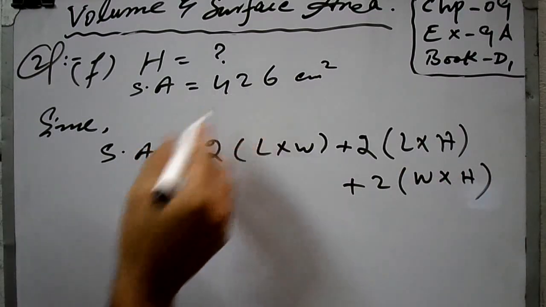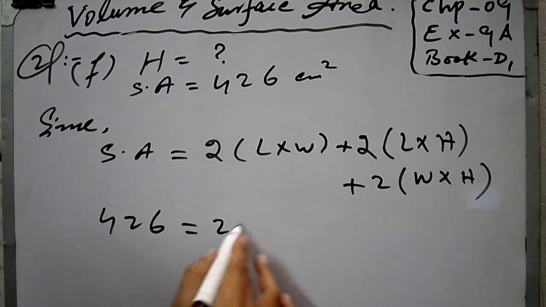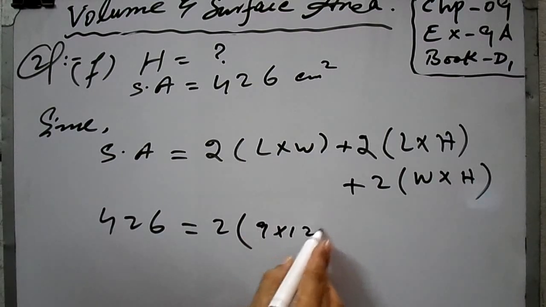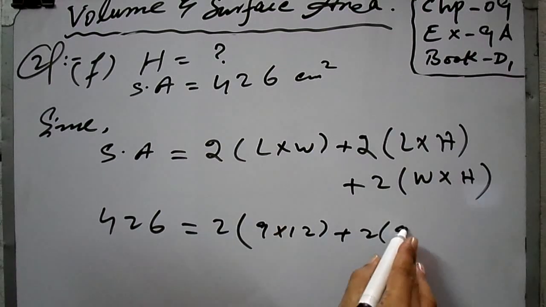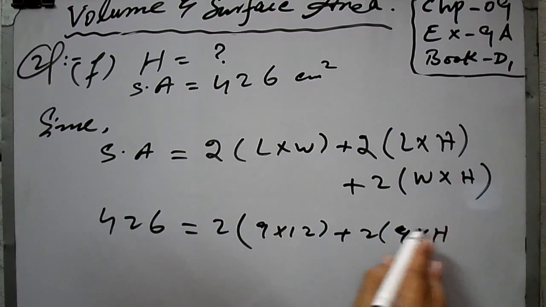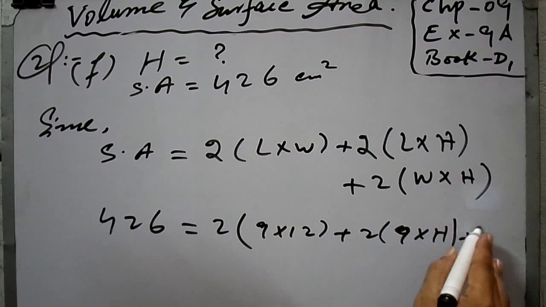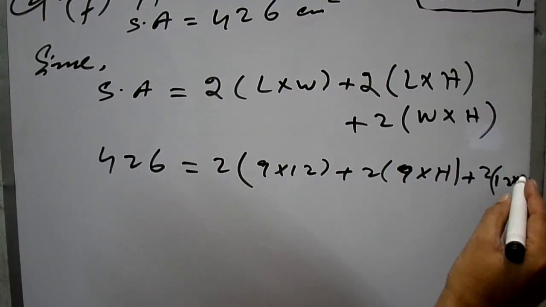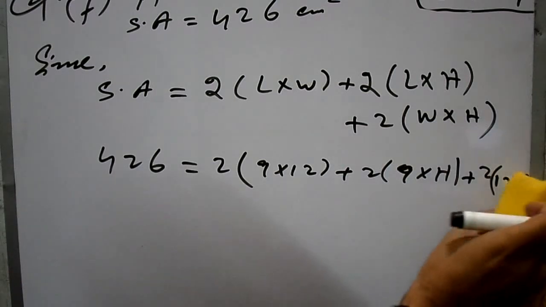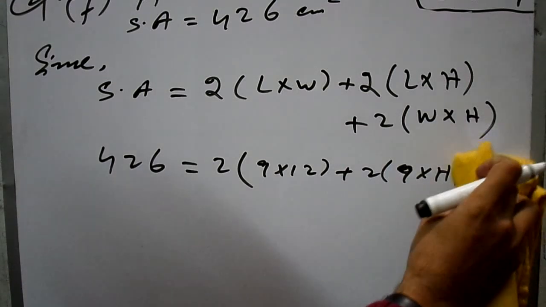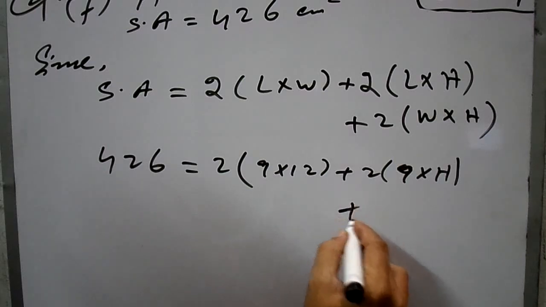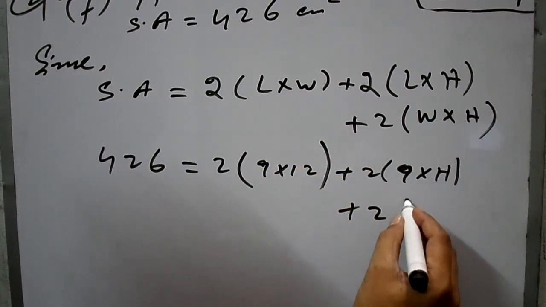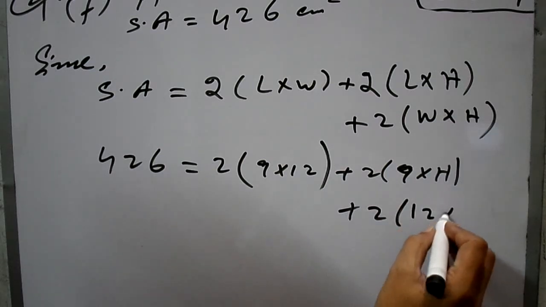So the surface area is 426, 2 into putting the values, that is 9 into 12, 2 into 9 multiplied by h. Similarly 2 into 12 into h, 12 into h. If you don't find enough space here, okay, you have to write here clearly to understand in a better way, that is 2 into 12 into h.